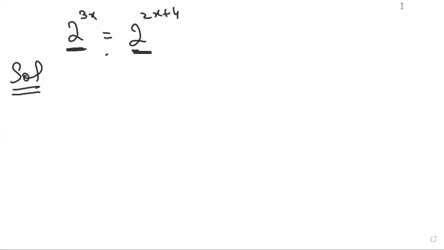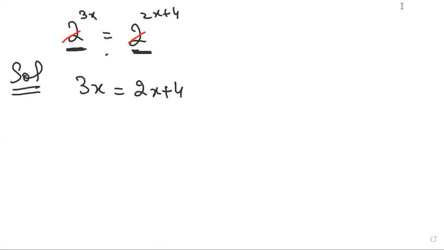Instead of writing the base, I simply write their powers, and the equality sign remains between them. In other words, you can cancel out these two same bases and only write the powers. So 3x equals 2x plus 4 would be my powers.